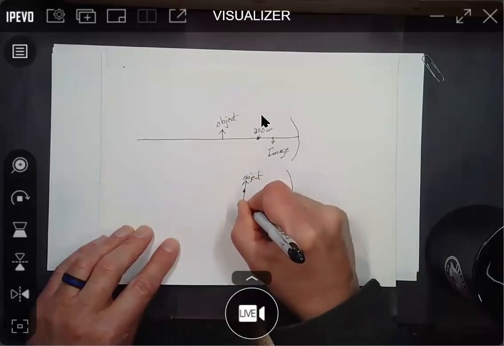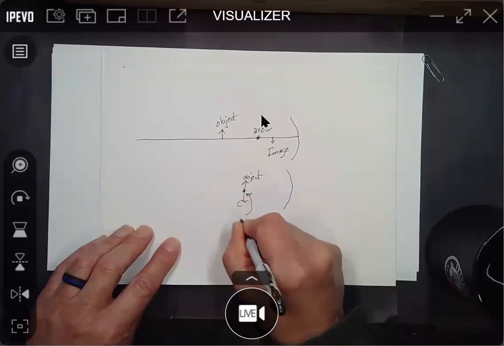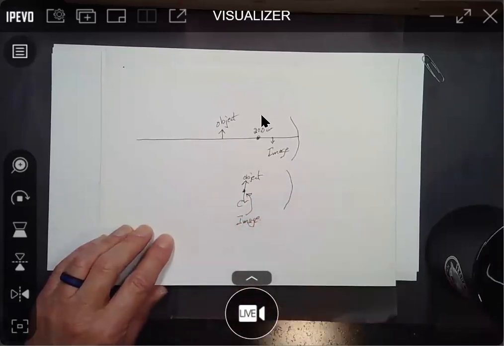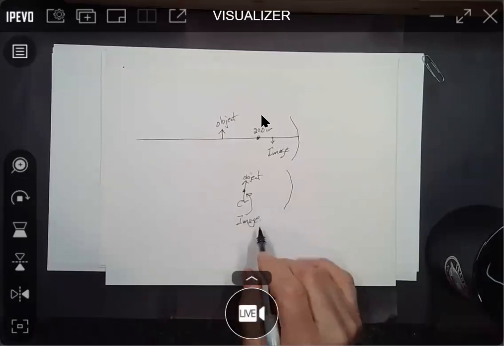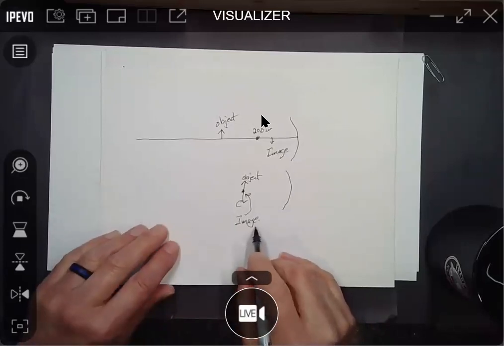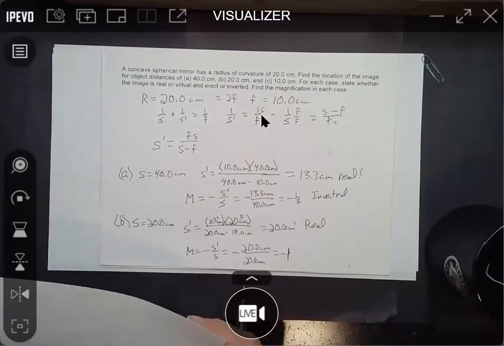And the image in this case, that's the image, is at the same spot, but it's upside down. Okay, well, that's kind of interesting. We might be able to experiment and do something like this in the classroom with the big telescope mirror. So anyway, that's that particular case.